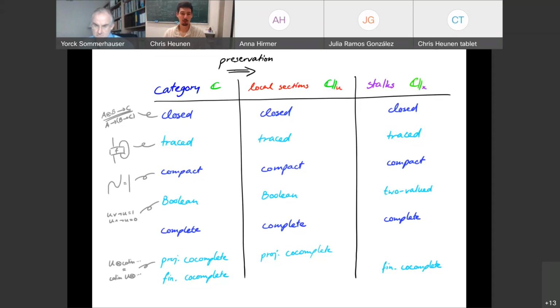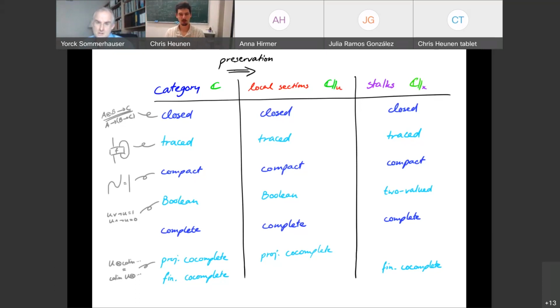If your big category is closed, in the sense that it doesn't allow just tensor products, but in fact exponentials or hom functors, then also the stalks and the tiny and the small categories will have that. And the same if your big category is traced, in the sense that you have what's called a traced monoidal category. I've tried to make a picture on the left there. If you know what it is, then you'll know what it is. If you don't, I'm not going to be able to tell you in a minute.